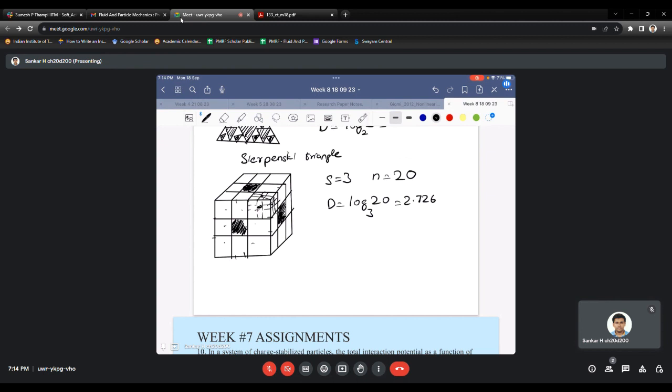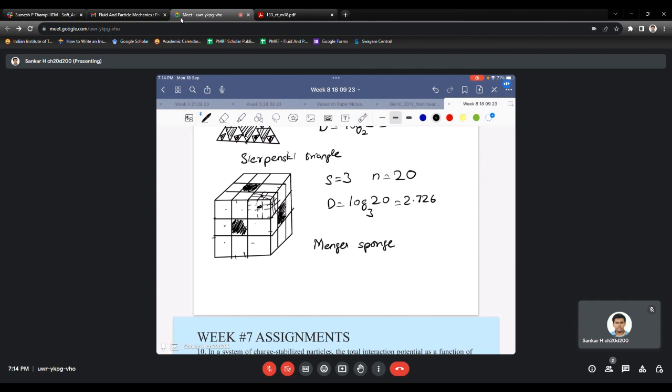So what happens is that if I do this infinite times, the three-dimensional object will lose a sense of its identity and tries to become a two-dimensional object. Therefore, this kind of a figure is known as a Menger sponge.